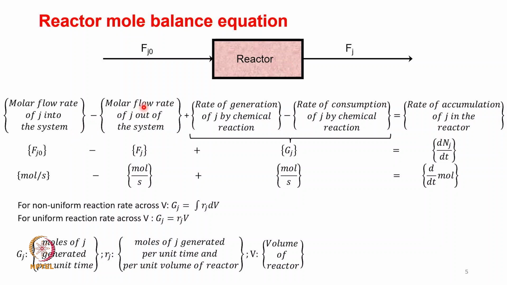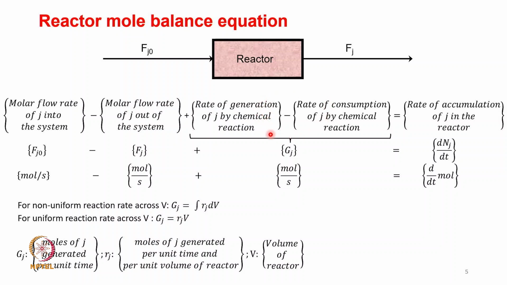Your component is fed in, your component is moved out. There may be, as part of the reaction, some generation of that particular compound, and there may be some consumption of that particular compound. And the balance of the rates of all of this would be the rate of accumulation of the jth component in the reactor. So let us denote Fj naught as the molar flow rate of J into the system, and Fj as the molar flow rate of J out of the system, and let us combine the generation and consumption terms together as Gj.